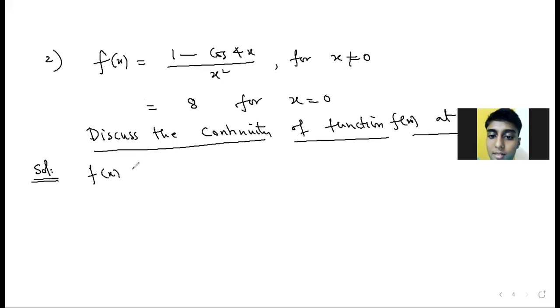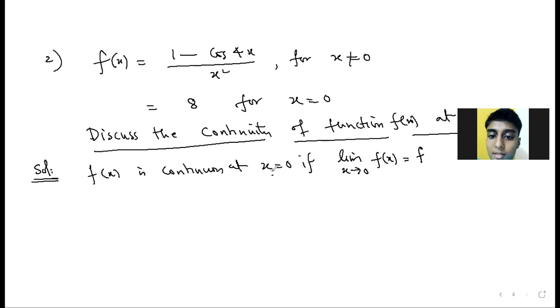f of x is continuous at x equal to 0 if, now tell me, what should I write? Limit x tending to 0 f of x equal to what on the right hand side?